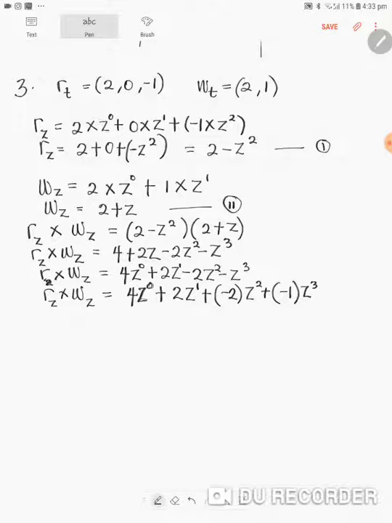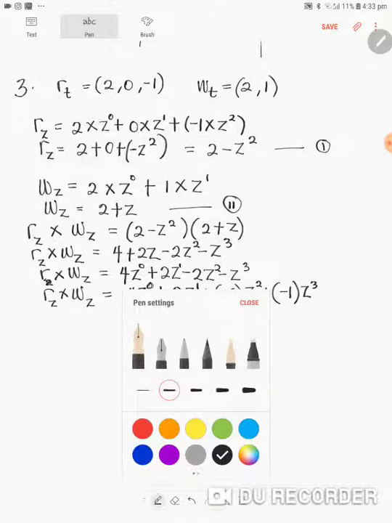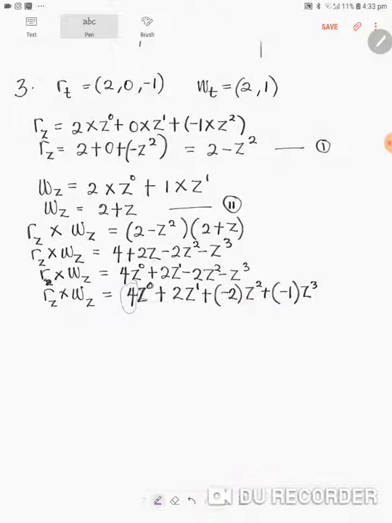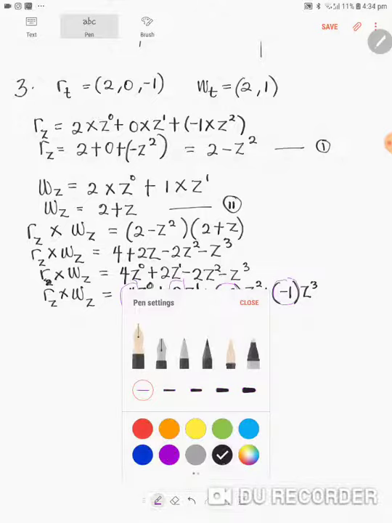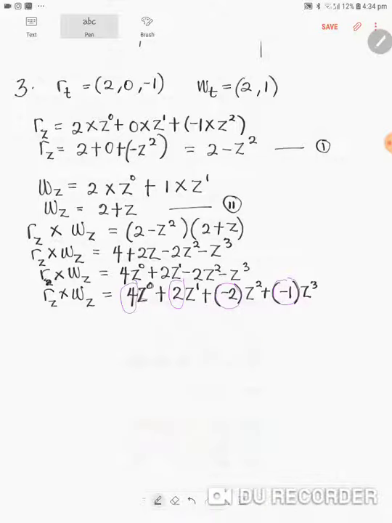I guess this makes more sense. So now these values are the ones we are going to take. So our RZ times WZ will be equal to 4, 2, minus 2, minus 1. And that's convolution.